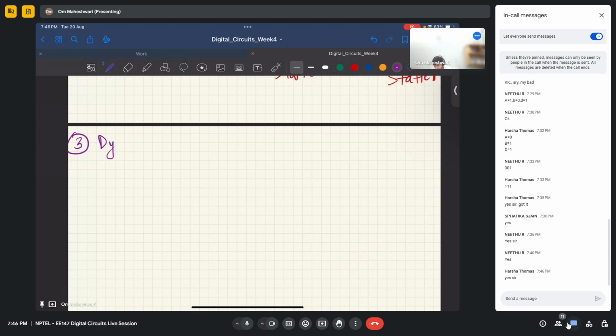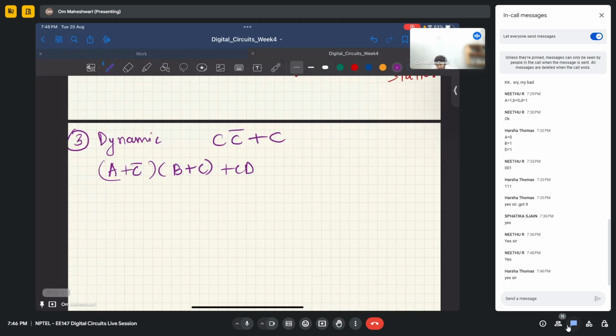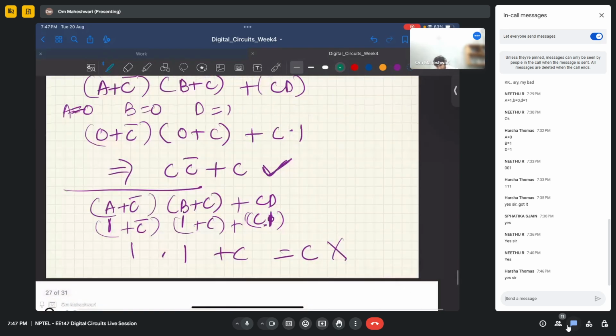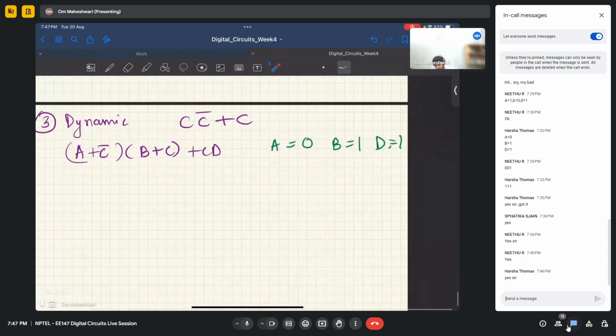Third case is dynamic. For this, we have C bar plus C. Your expression, I'll write it again, A plus C bar, B plus C plus CD. You have the dynamic hazard when A, B, C is 0, 1, 1, if I remember correctly. Check. Sorry, it is 0, 0, 1. So let us do 0, 0, 1.